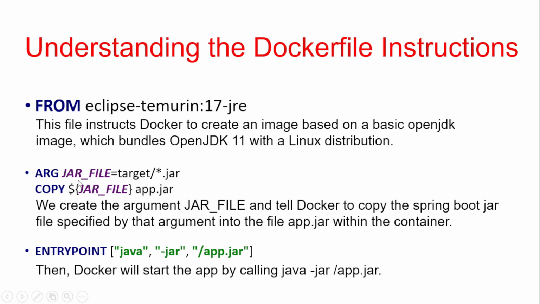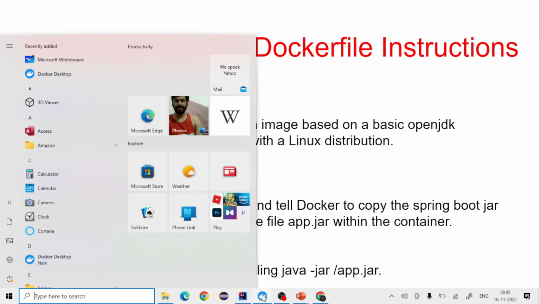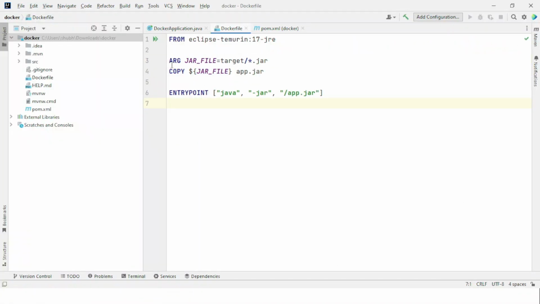Then we are also specifying the argument JAR_FILE, where we mention the location of the jar file of your Spring Boot application. If I go to my workspace, the purpose of line number 3 is to tell Docker to find the jar file of your Spring Boot application under the target folder.